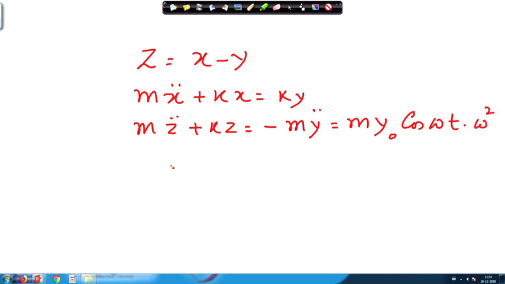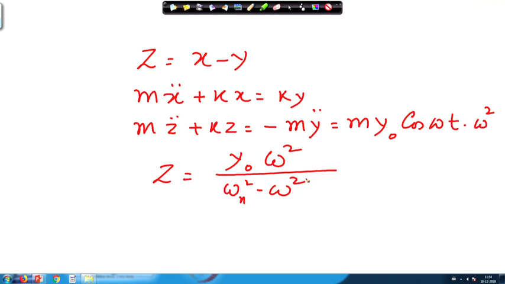In that case z will be equal to, the m will cancel out, so this will be y naught omega square divided by omega n square minus omega square.